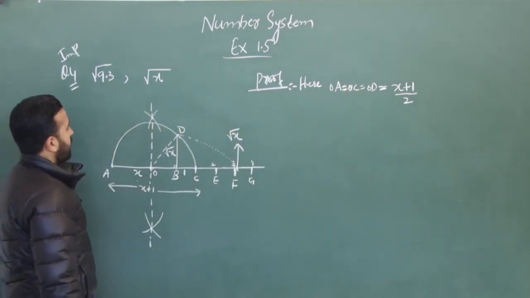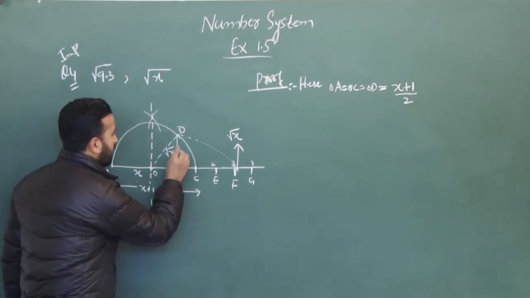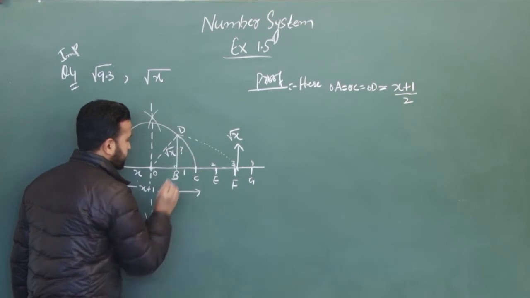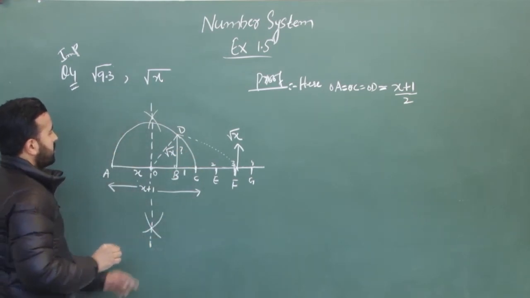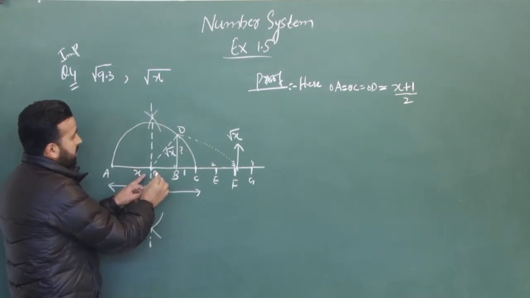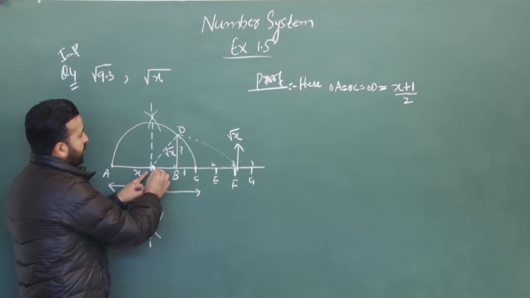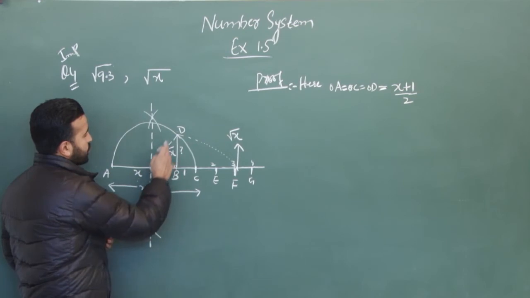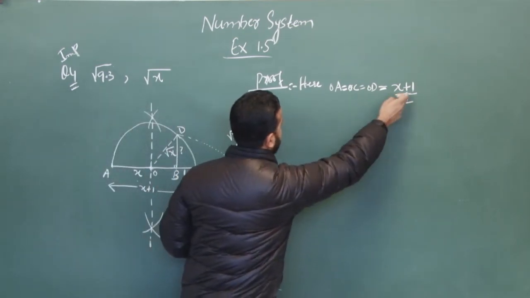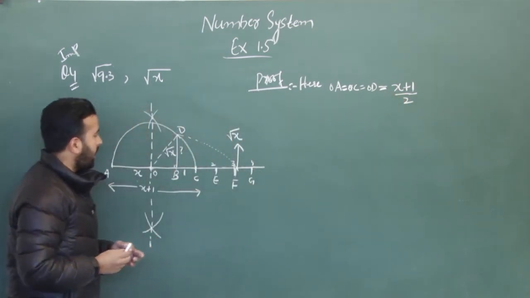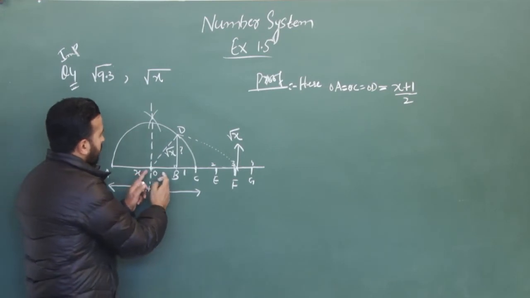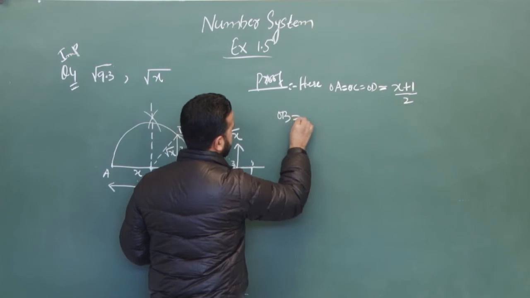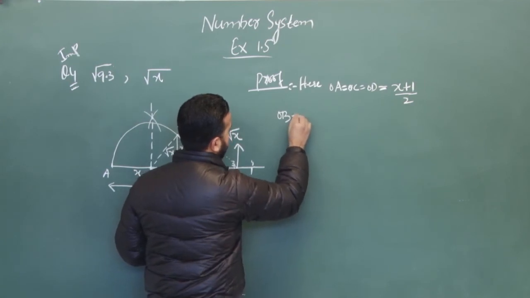Now we actually want to get the value of BD. That is the question mark for us. And you can see we got a right triangle OBD here. We know the longest side, that is OD, that is equal to the hypotenuse, that is x plus 1 by 2. And OB, can we find the length of OB from this figure?